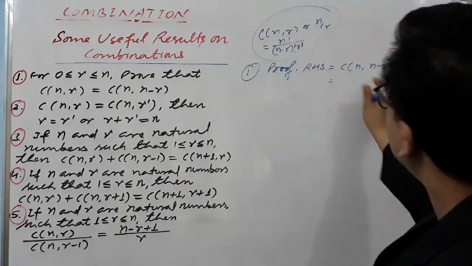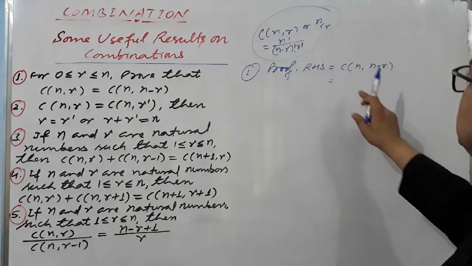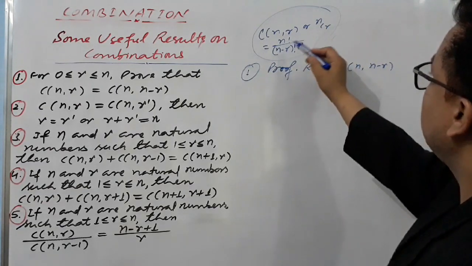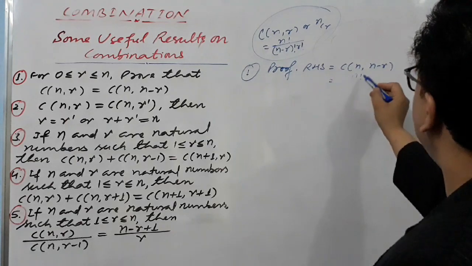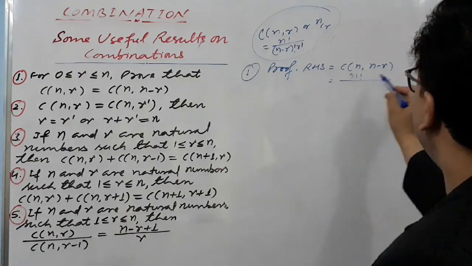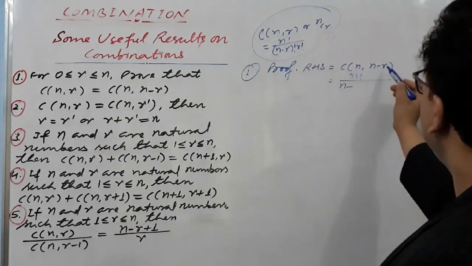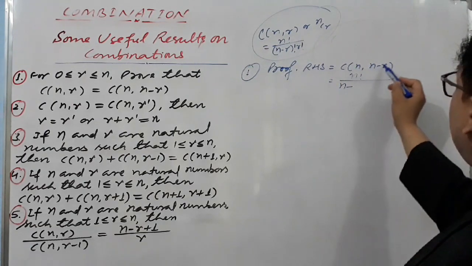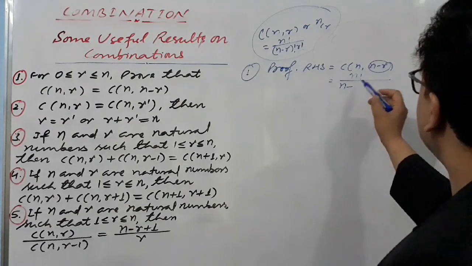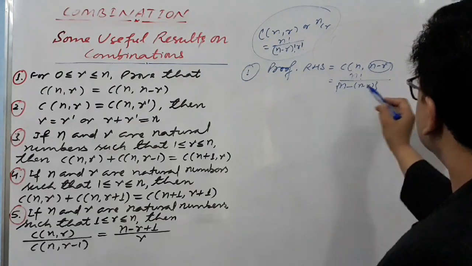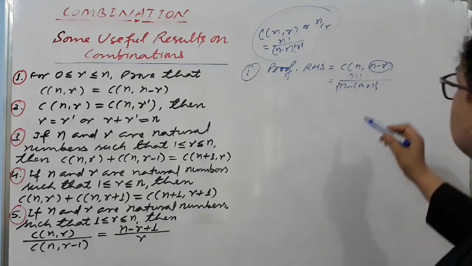Now let's apply this theorem: the combination of n objects taken r at a time. So here r is n minus r. I'm going to explain in detail.